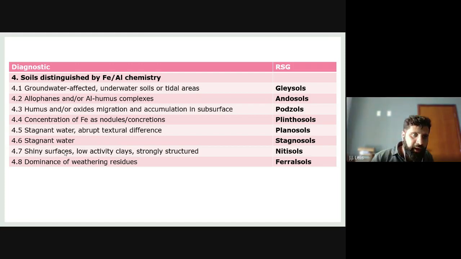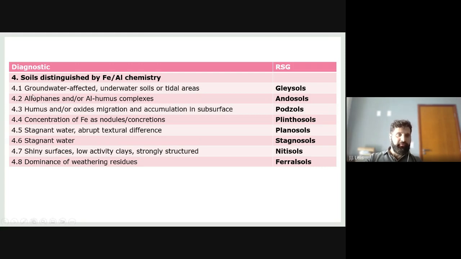We also have some soils that could be related to the presence of allophanes and or aluminum humus complexes. So aluminum and soil organic matter complexes, organic metal complexes. Okay. These materials are quite related to low density minerals that possess a low crystallinity and a lot of water and aluminum and soil organic matter inside the structure of the soil.